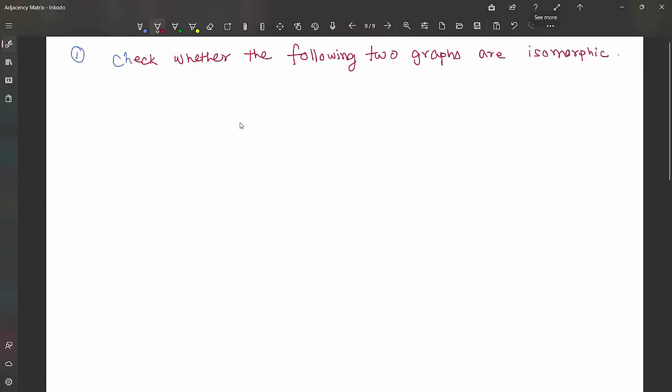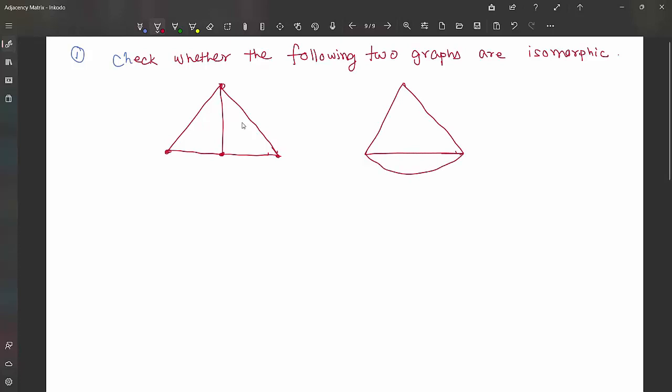Okay, just check it. Suppose this is one graph, and these bold points are the vertices, and then another graph, this is 1, 2 and 3.